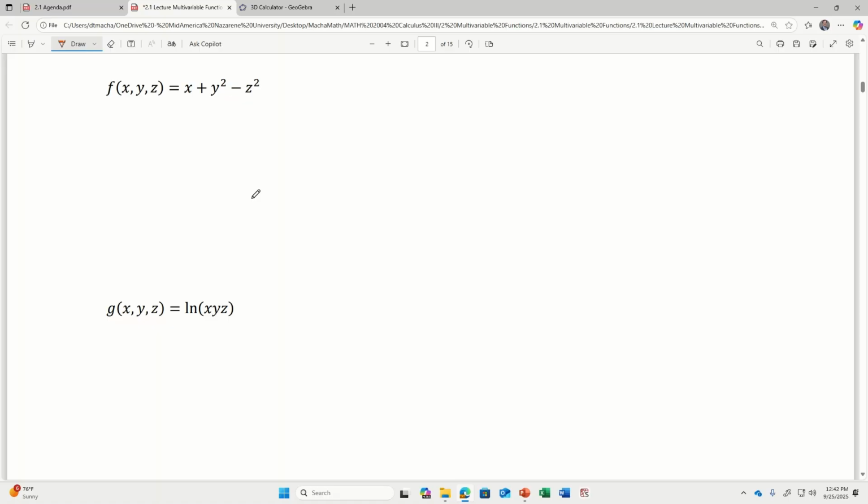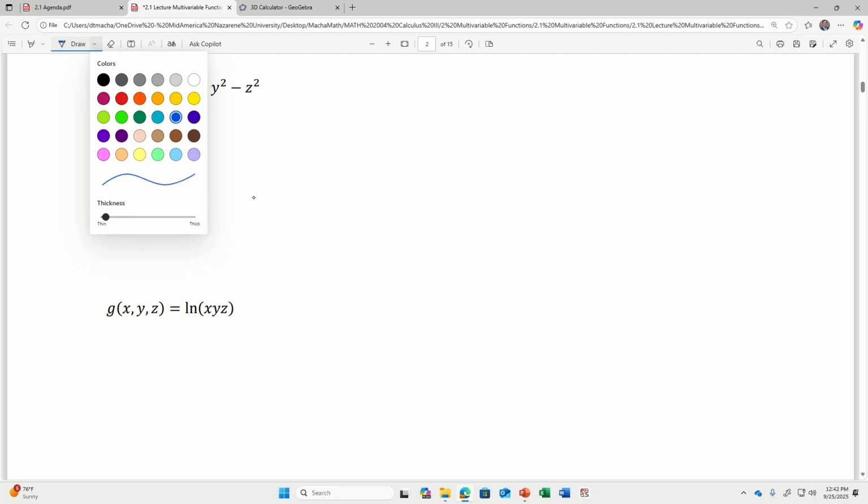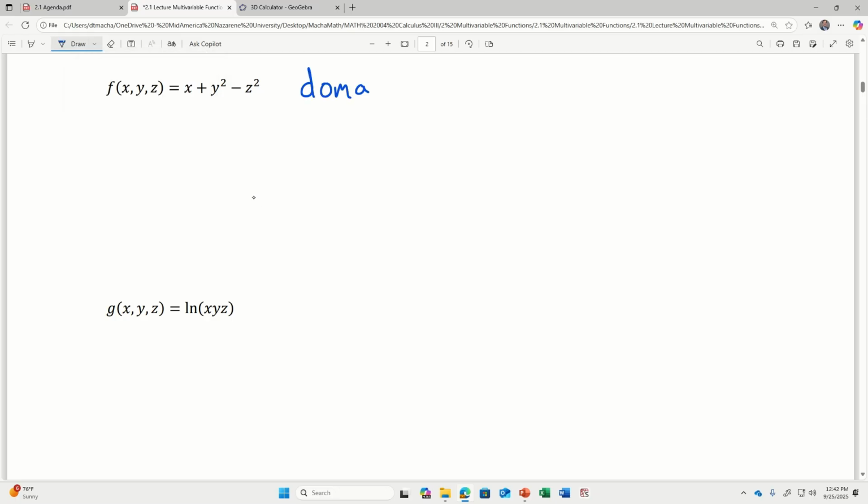What about this one? What's my domain? Oh, this is an interesting function because this time I have 3 independent variables and 1 dependent variable. Yeah, there's no restriction on my domain.